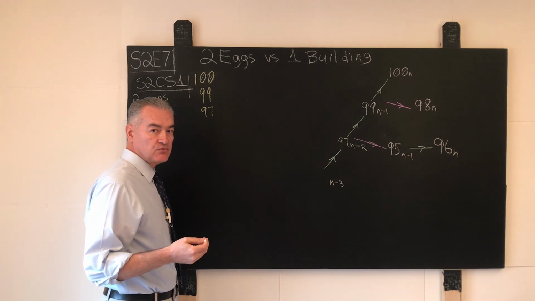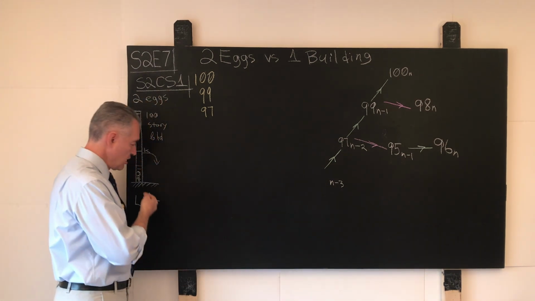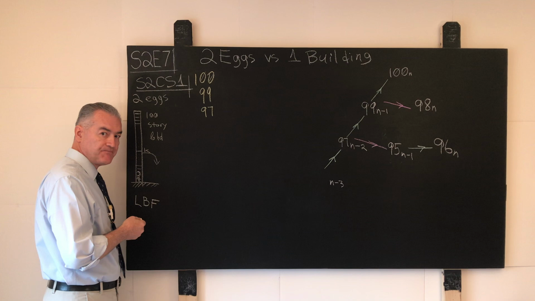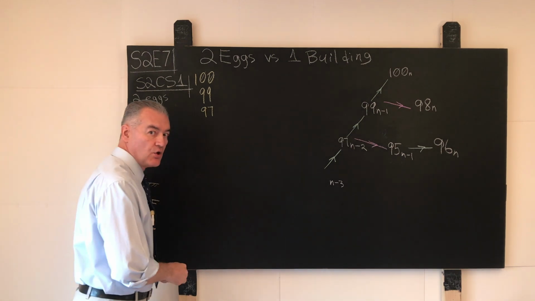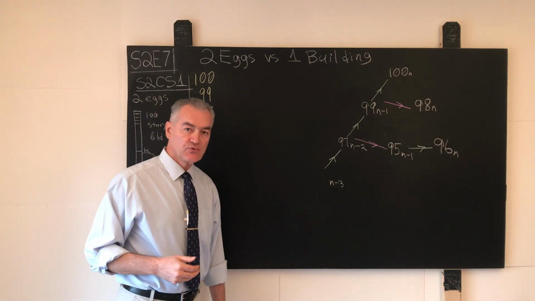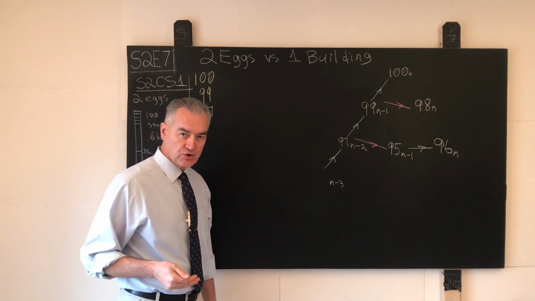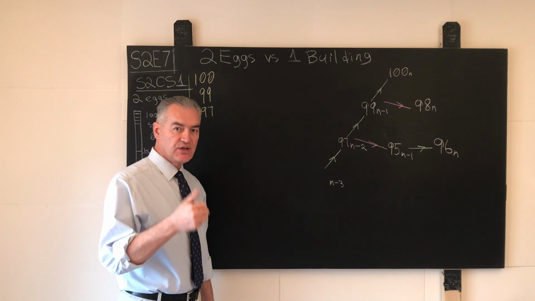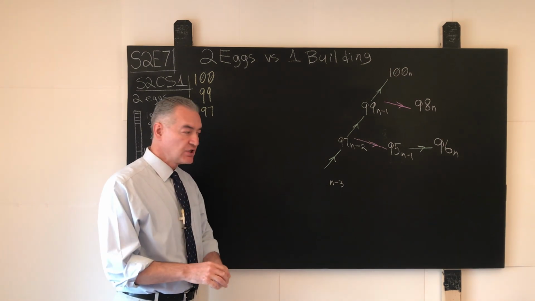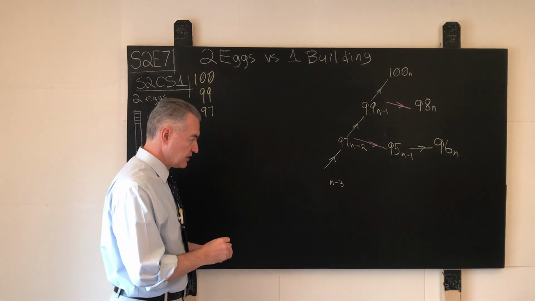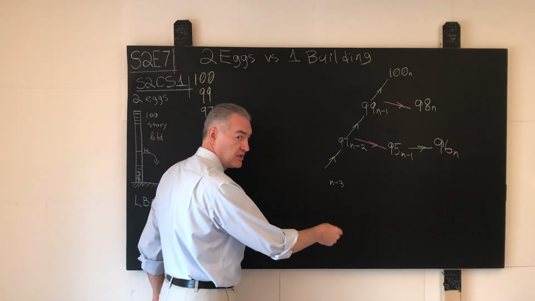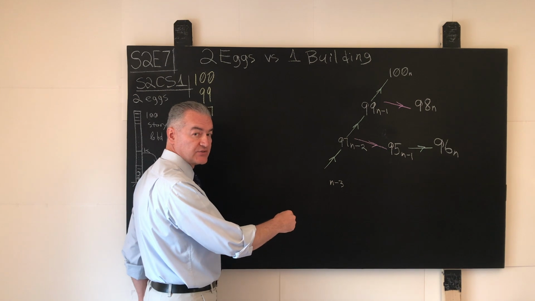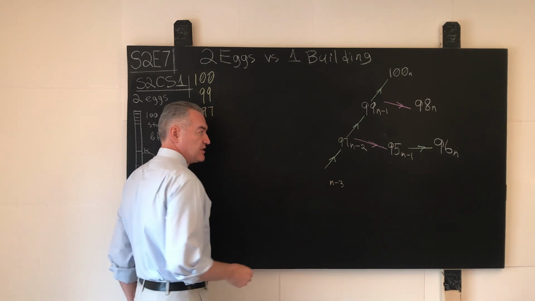And how do we do that? Well, we already know through our previously solved simpler problem, according to the one egg strategy, the only number of floors that can be tested with absolute certainty with 3 drops and 1 egg is 3 floors. So we will correspondingly descend to the floor f sub z minus 3 and then ascend to the floor f sub z minus 2, f sub z minus 1.